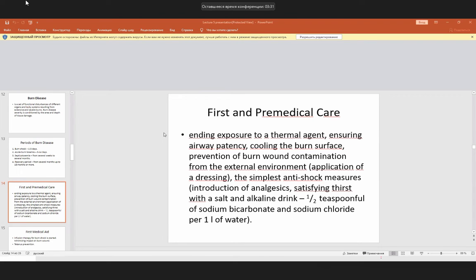The distinction of the first medical aid is that infusion therapy is started. Moreover, any impact on the burn wound should be minimized.